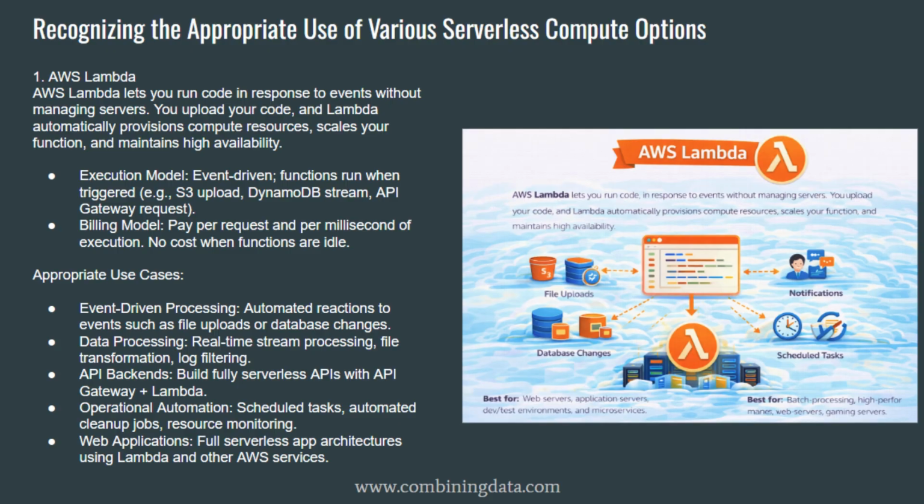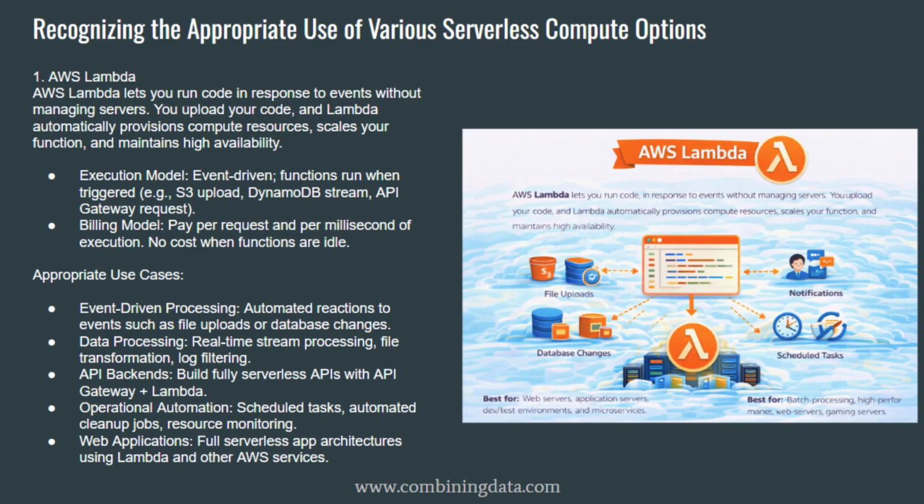You focus only on your application logic, and you pay strictly for what you use. For the AWS Cloud Practitioner exam, there are two primary serverless compute options you must understand: AWS Lambda and AWS Fargate. And the key skill is knowing when to use each one.